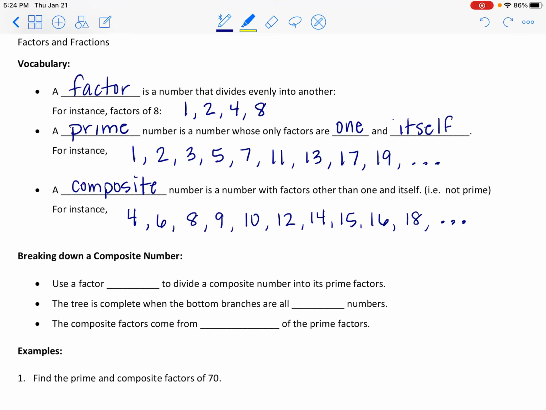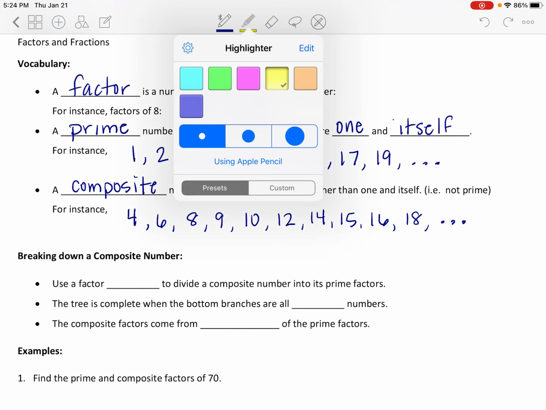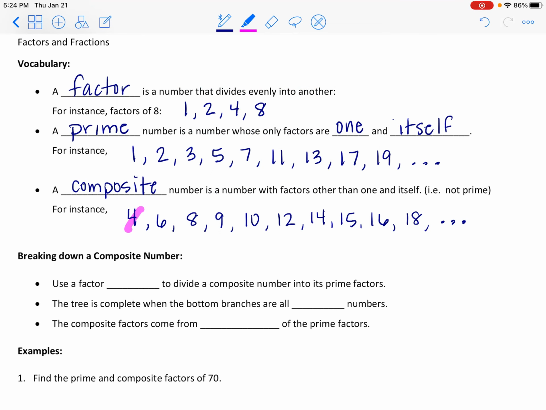And composite can be either. We can see in our composite list that we have definitely some evens, all the numbers that we could cut in half, but we also have some odds in the list. Both of these lists of numbers do go on forever. So we have an endless list of prime and an endless list of composite numbers, both containing evens and odds.